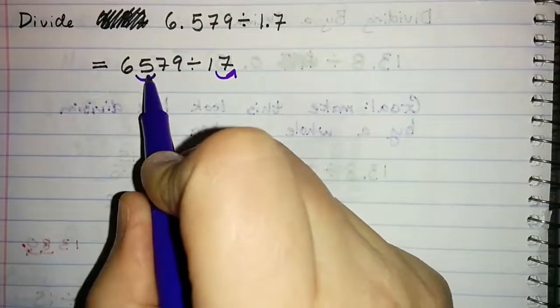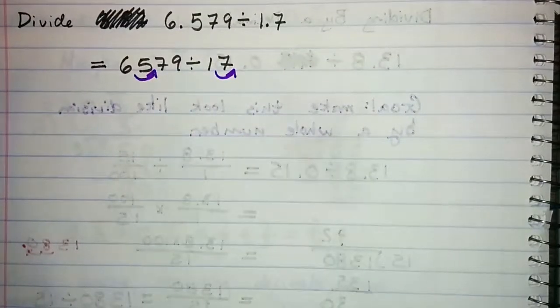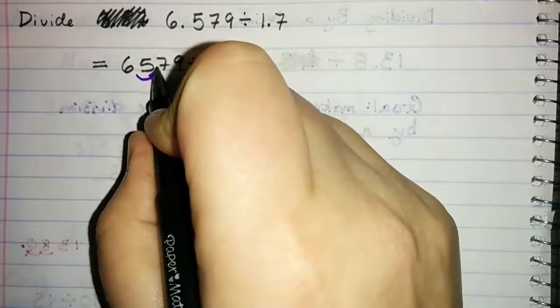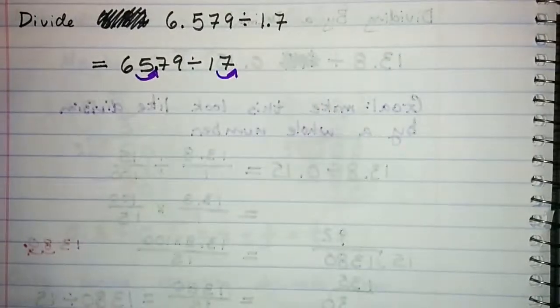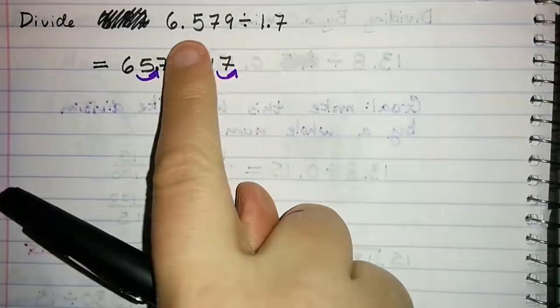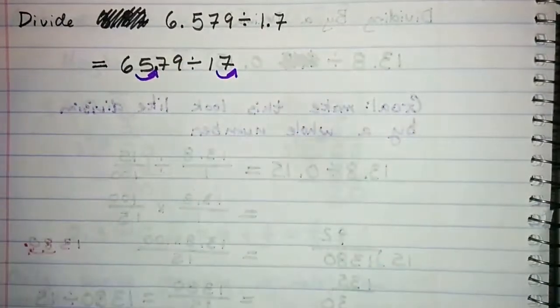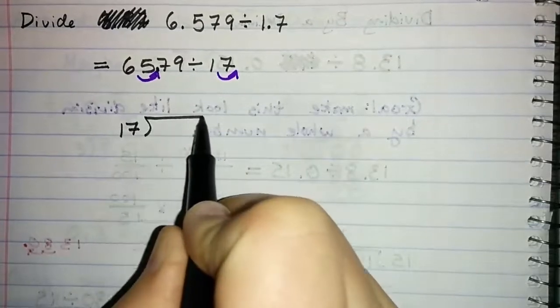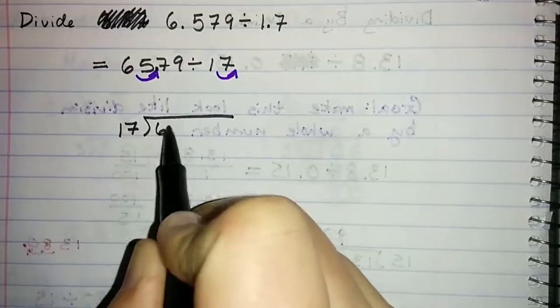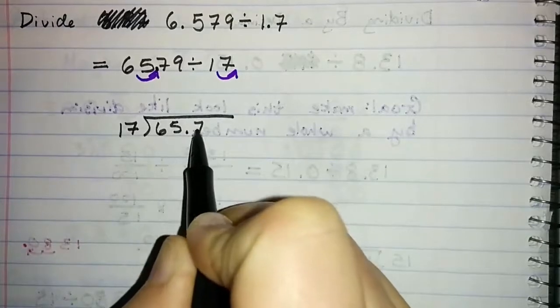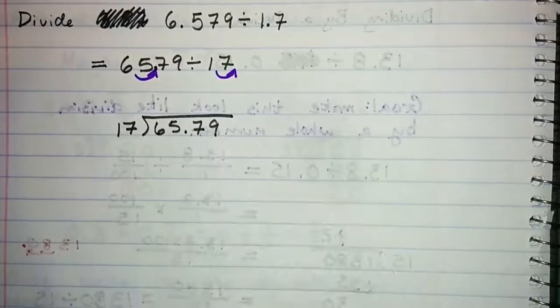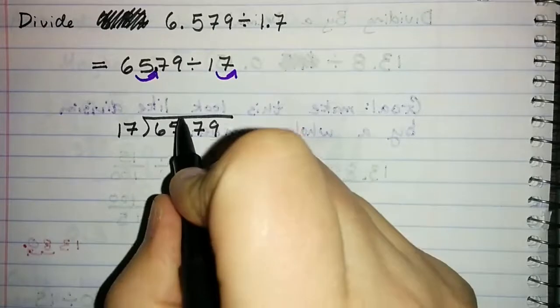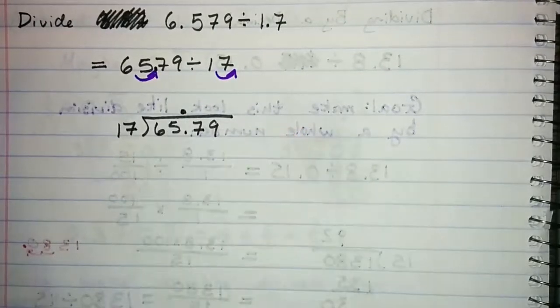We should do the same thing to the dividend. So we'll get 65.79. So to find the quotient here, the division we should actually carry out is 17 into 65.79. Copy the decimal point before I start.